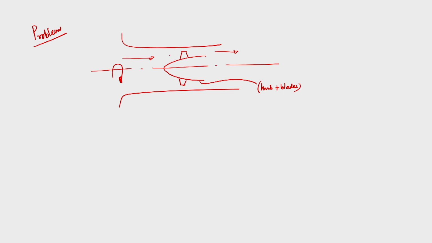If I take a streamline, this point is 1 and this is 2. Here the streamlines are parallel to the axis of rotation.